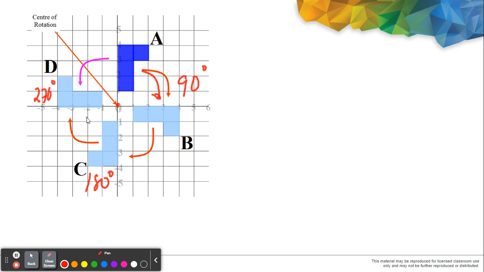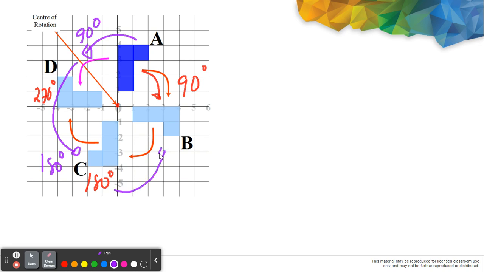If you want to imagine the counterclockwise rotation, let me use a purple pen and take a look. If you have your pre-image as our A, for counterclockwise 90 degrees, it's going here. So that is 90 degrees counterclockwise. As you can see, it's the same thing as 270 degrees clockwise. This one is 180 degrees counterclockwise, the same thing as 180 clockwise.